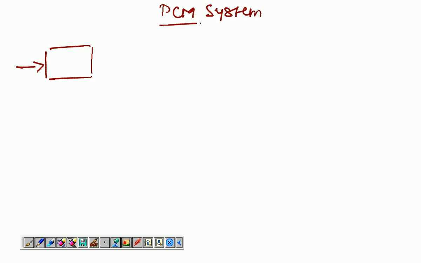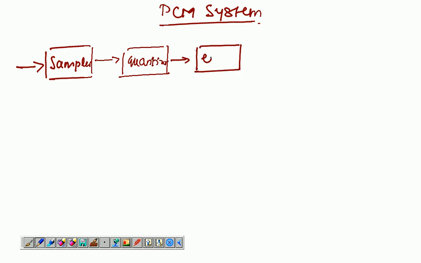So if we look at the transmitter and receiver of this system, a PCM system, this is what it looks like. Okay, this is the first communication system that we designed, sort of. This is your sampler, and then you had quantized it, and then we approximated it and then encoded it. So we have an encoder.